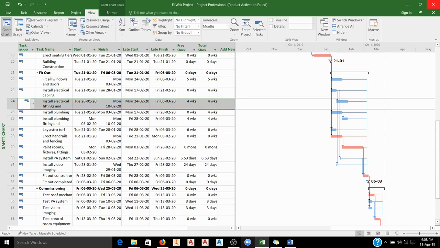Now another challenge is this. Project is going to assume these 5 days as actual 5 days, or if you want, 5 working days. And we don't want that, because the curing of the concrete can actually occur over the weekend or something of the sort.